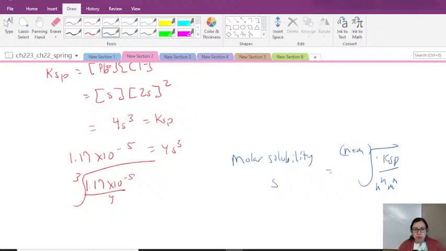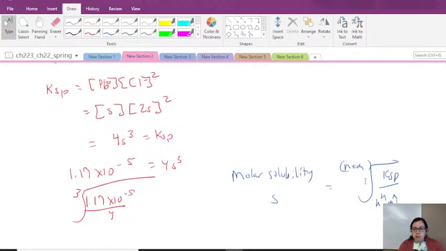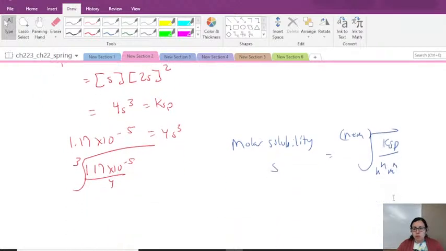And let's translate that. So our N, what was our value of N? So 1, and then what was M? So 2, to the 2. So that looks like what we just derived. So KSP over 4 then.